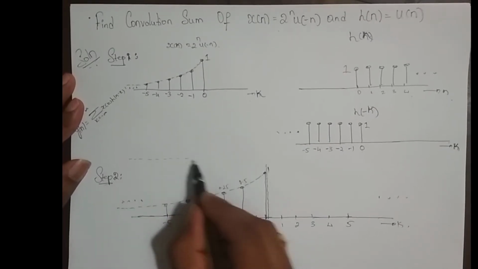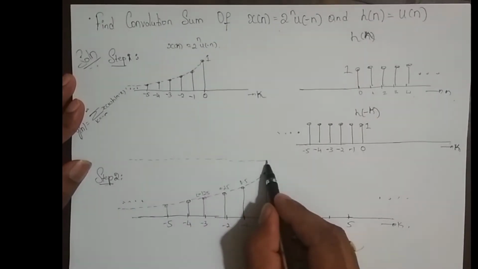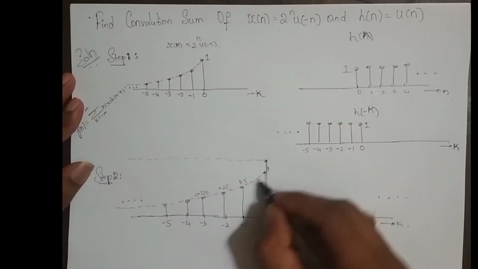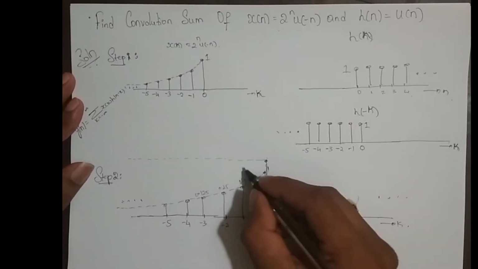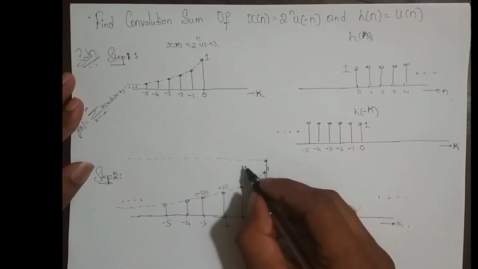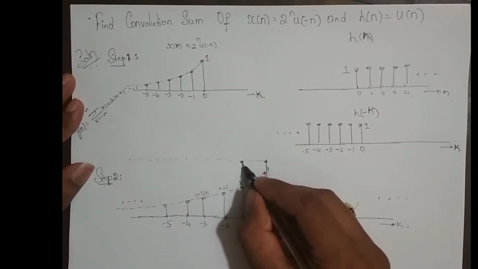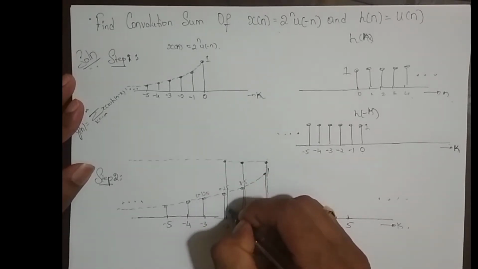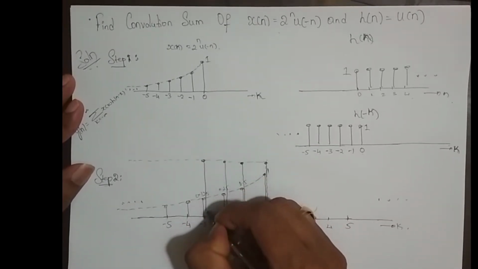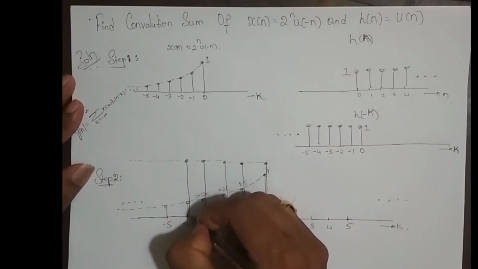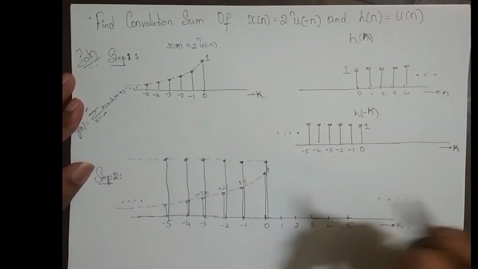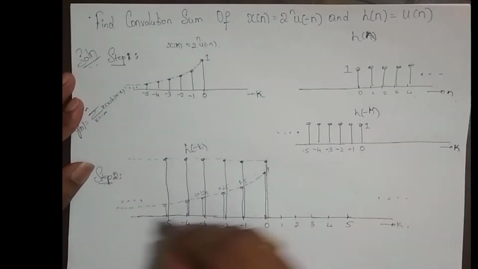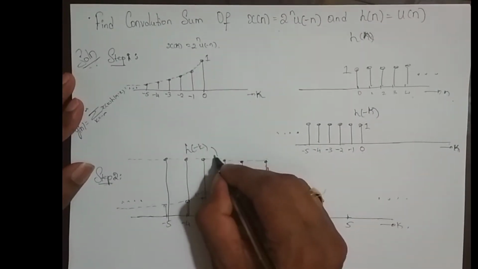so I'm writing the samples just above the x of k samples so that you can distinguish which is x of k and which is h of minus k. Okay, so this is the h of minus k sequence, and this sequence is the x of k sequence.